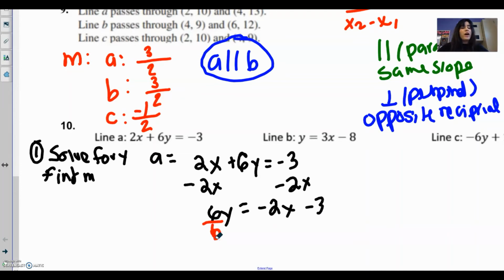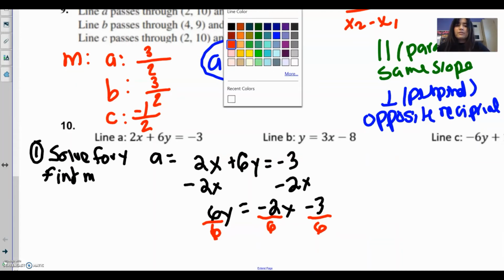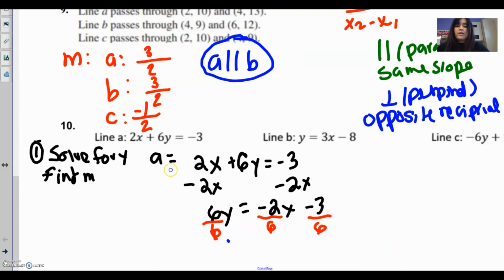And when you divide on the right side, you can't just divide one part. This minus sign means that you have to divide the first and the next one. So now we have our final line, which is y equals negative 1/3, because you have to simplify, minus 1/2.